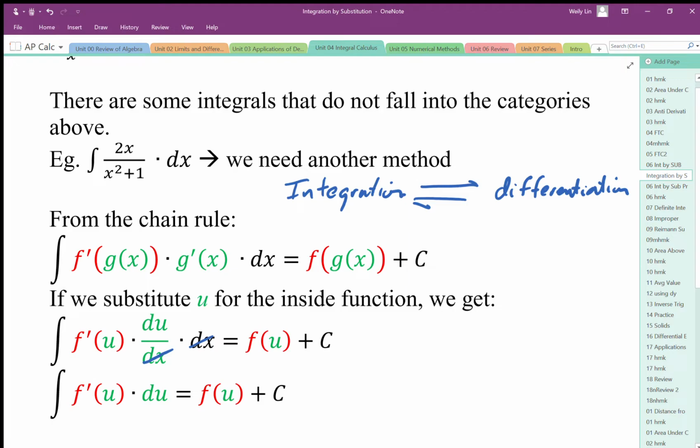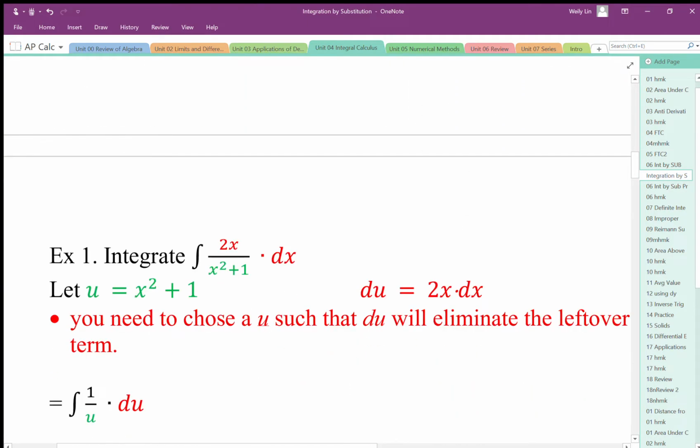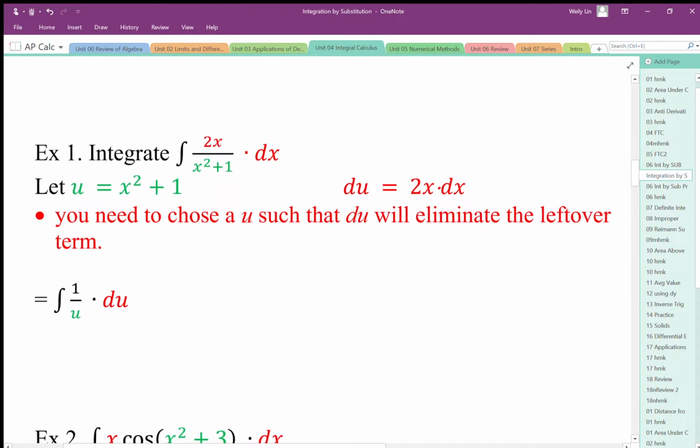Well, where it comes from, but how do we make it work? To make it work, we are going to use the following criteria. We need to choose an inside u function where when we differentiate and generate a du, we're going to end up being able to accommodate the leftover pieces, or the outside piece here. Okay, so I'll give you an example here. In this case, the inside function is going to be the x squared plus 1 in the reciprocal function. So it's embedded inside the reciprocal function.